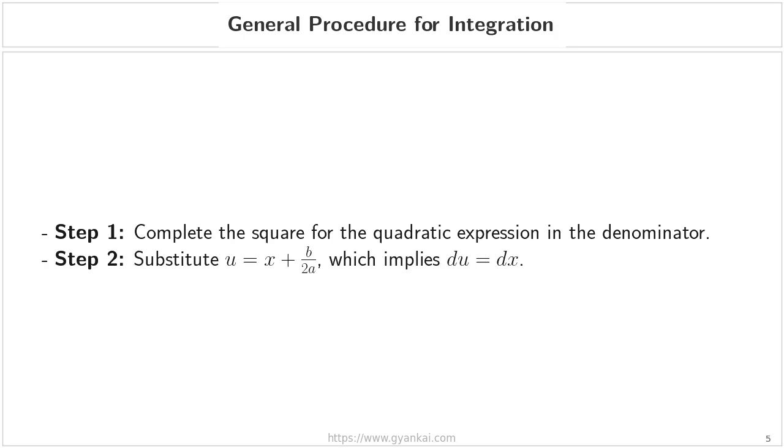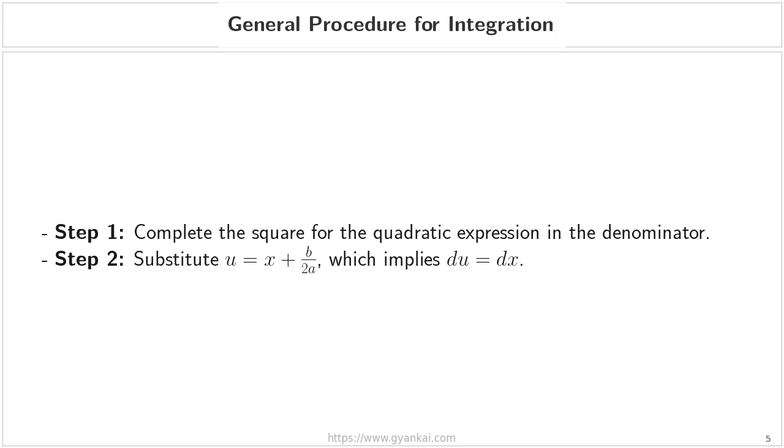Step 2. Once we've completed the square, the next step is a simple but crucial substitution. We let u equal x plus b over 2a. Now, pay attention here. b is the coefficient of the x term in our original quadratic, and a is the coefficient of the x squared term. So, we're defining u in terms of x. Because we've defined u in terms of x, it's really important to remember that this also means that the differential du is equal to dx.